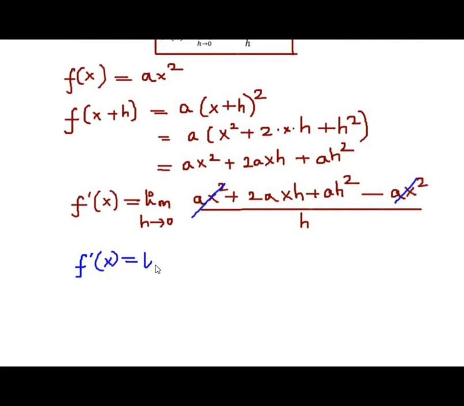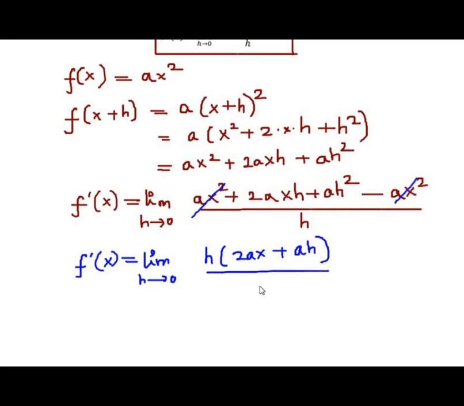equals limit as h tends to 0. We can take the h term common from these two terms. So we have h common, and the left terms are 2ax plus ah. This is what remains in the bracket when we take the h terms common out of these two.